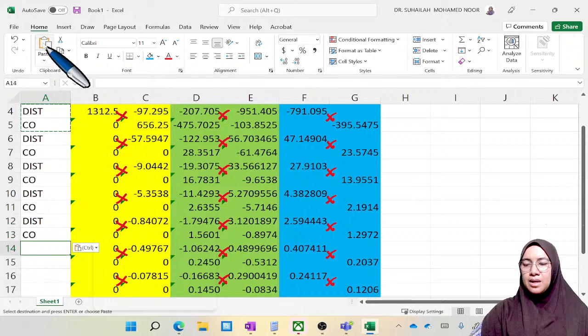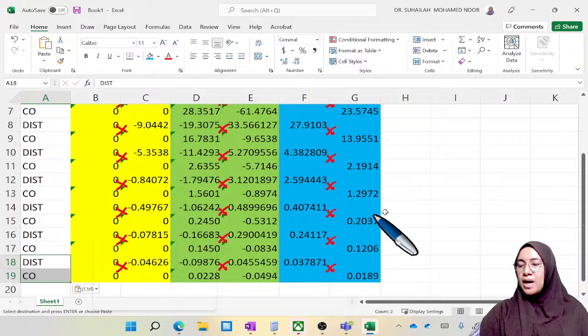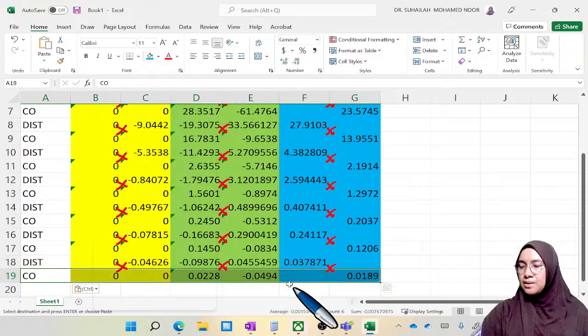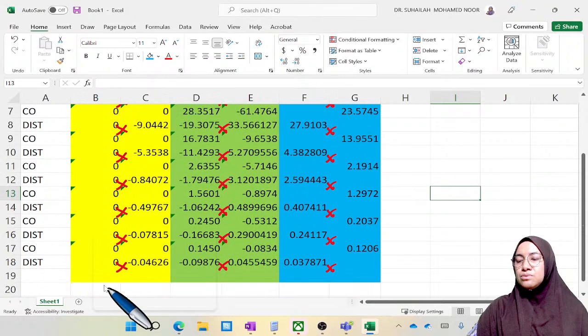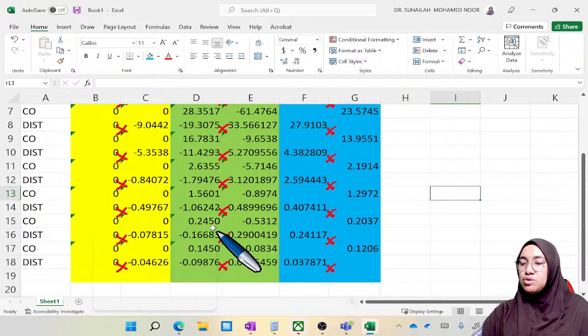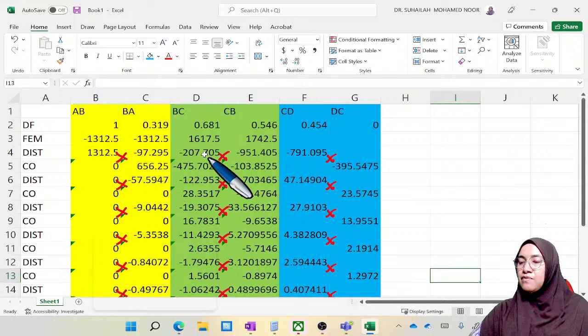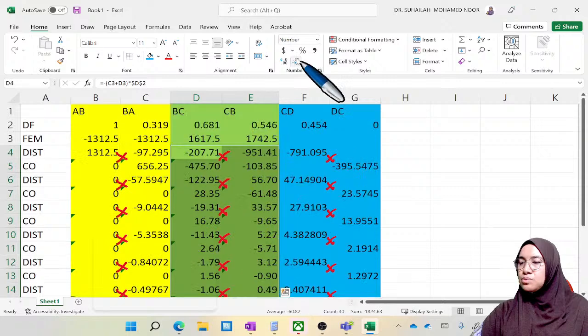So if you do it manually, you have to repeat the process again and again until last distribution. So the last carryover, I just want to delete here, because in order to find the total moment, the last must be distribution. If I want to set decimal places, maybe up to only 2.